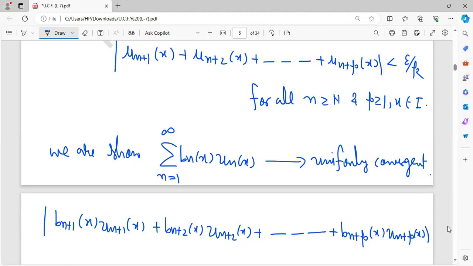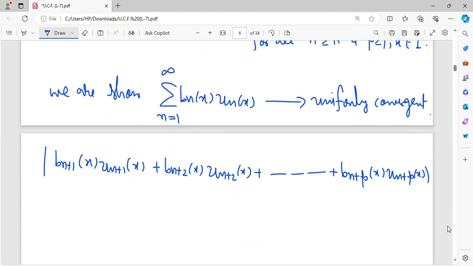What will be this? So by Abel's lemma, what can we write? Because for a fixed x, we are taking x fixed, and we know that b n is a monotonically decreasing non-negative sequence. So what can we say?